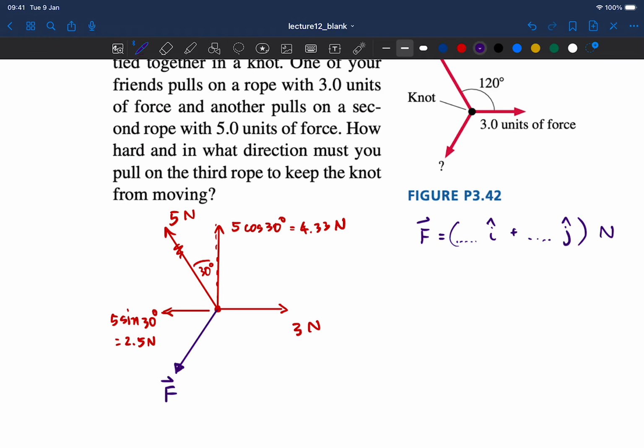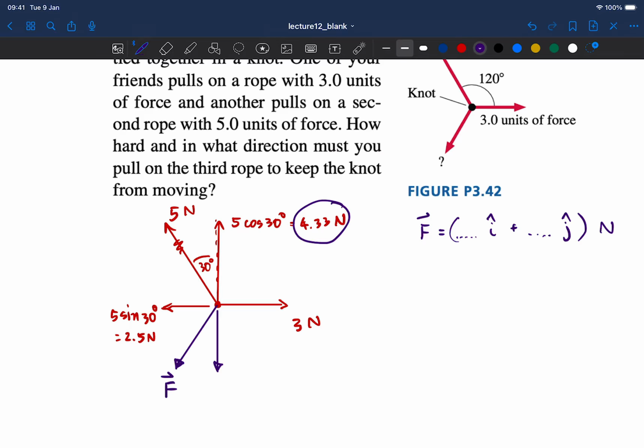So whatever this unknown force is, the vertical component, which is pointing down, has to cancel with 4.33. So that's going to be negative 4.33, right? And then the horizontal component of this force, when you add it with 2.5, must equal 3.